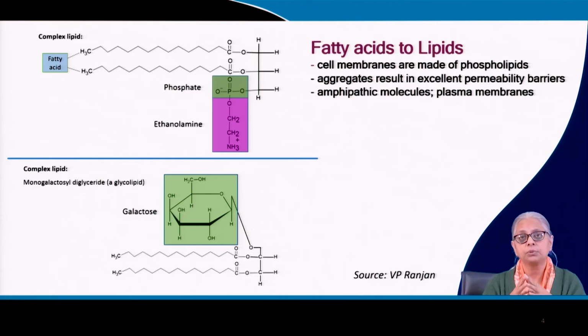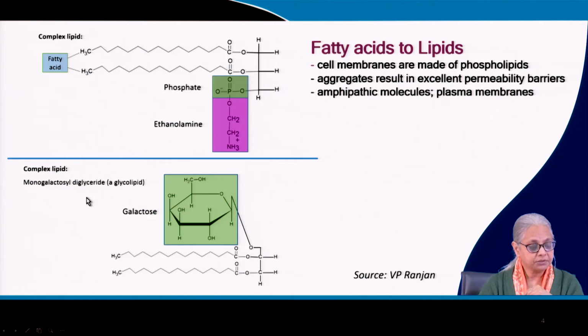So these cell membranes, the plasma membranes, are made out of phospholipids, and this is an example of a phospholipid, and that is, like I said, what gives it excellent properties in terms of determining what goes in and what goes out, and it's this double layer that is formed that makes it an excellent barrier against the environment.